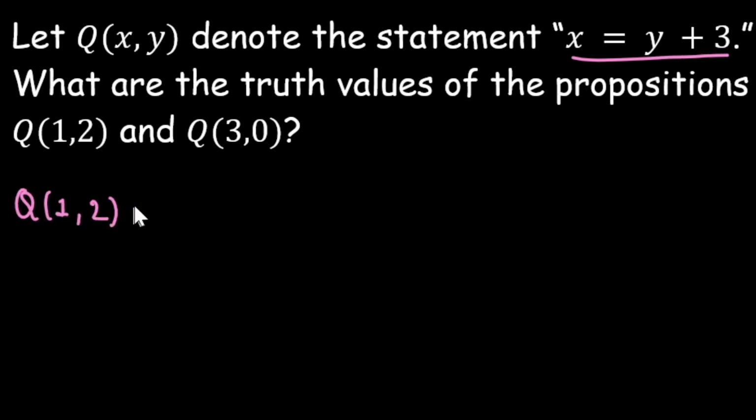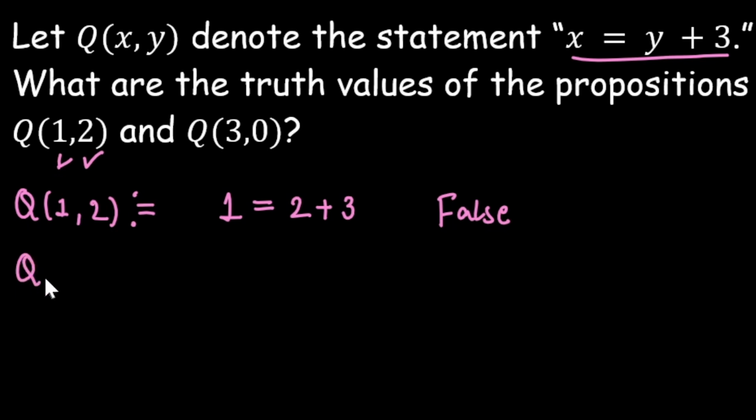In place of x, we substitute 1, and in place of y we substitute 2. So 1 plus 2 is equal to 3. Is that statement correct? No. So this is false. So we can say that proposition Q(1,2) is false.